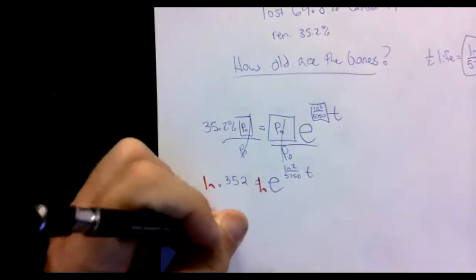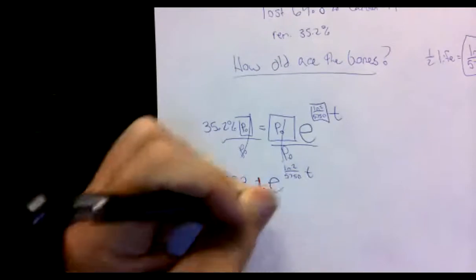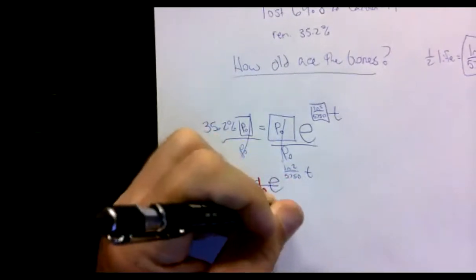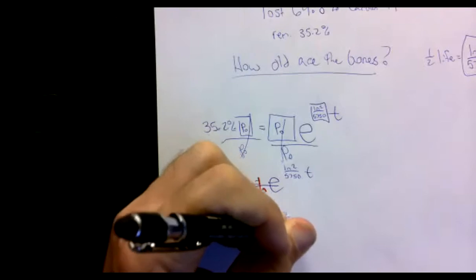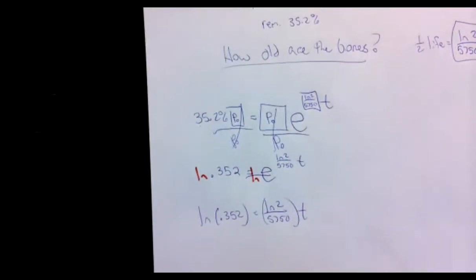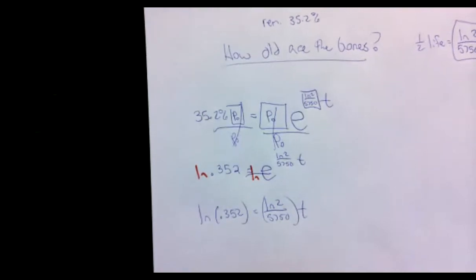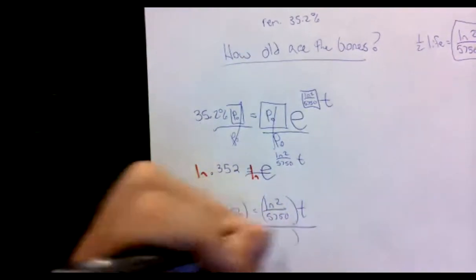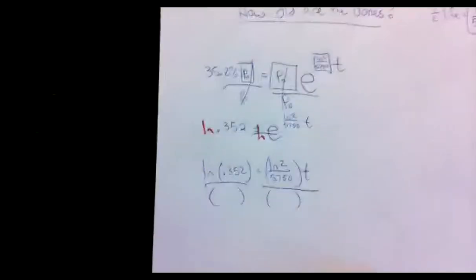So the natural log of 0.352 is going to equal this value times t. So we'll just divide by that value.